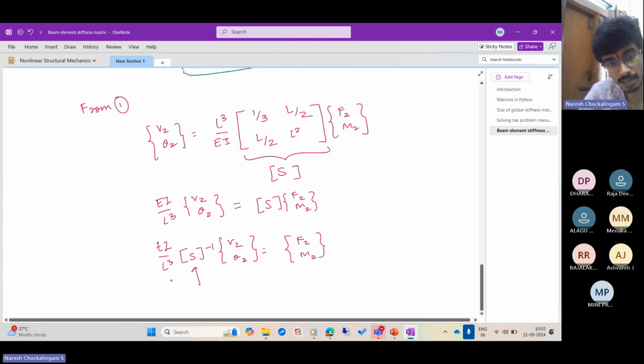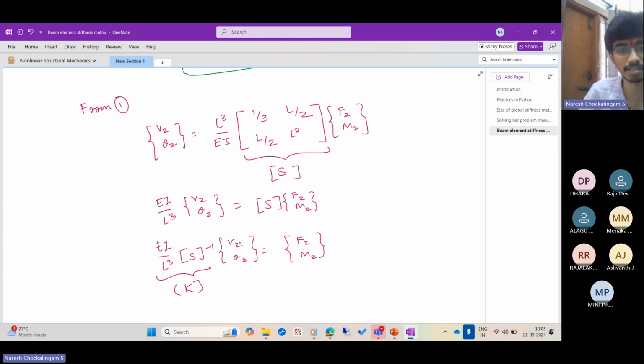This entire thing together is called the stiffness matrix, right? Because it's a reduced stiffness matrix. It relates the forces to displacements.